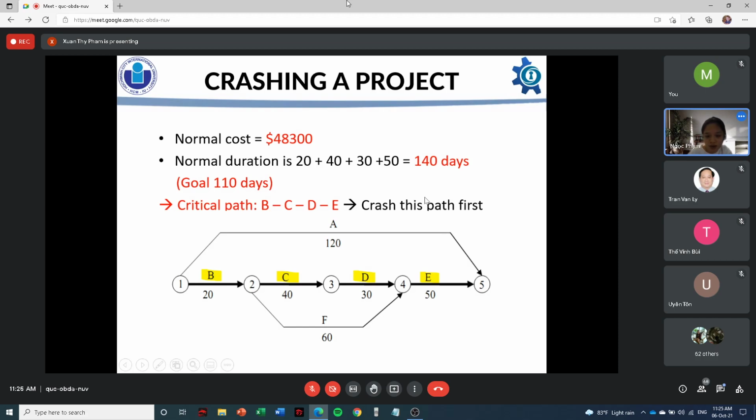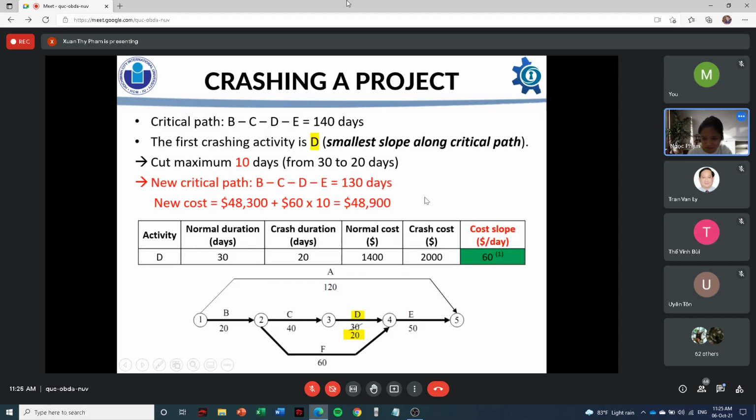Okay. Next slide, please. So as I mentioned earlier, the critical path is B, C, D, and E, and activity D has the smallest slope, which has the first ranking. So I will crash this activity first, and this activity can be reduced a maximum of 10 days.